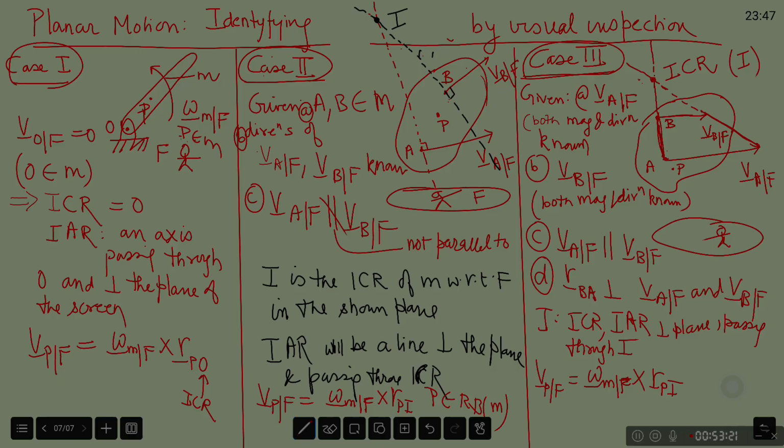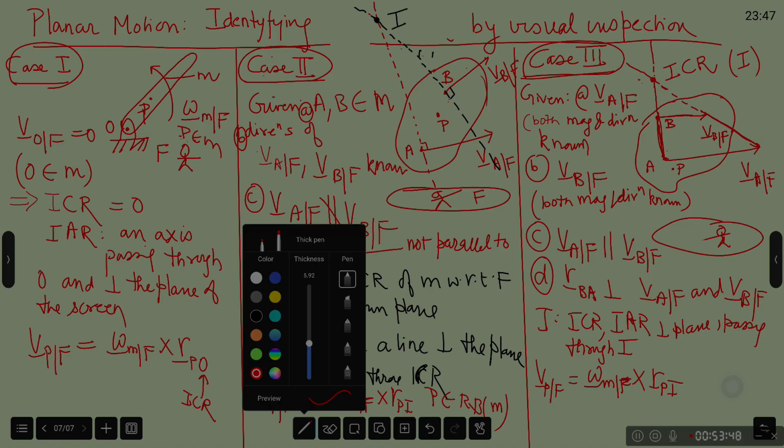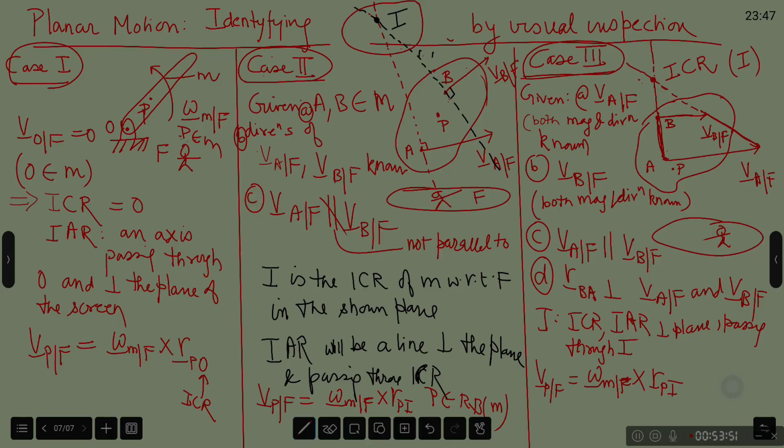Now it turns out that the ICR of a body may not actually exist at a material point of the body. Even in these freehand sketches, the way I drew and tried to locate point I, we observed that, like in this case, we are able to find a point I, we are able to find ICR, but it seems like I is not lying on the body itself.